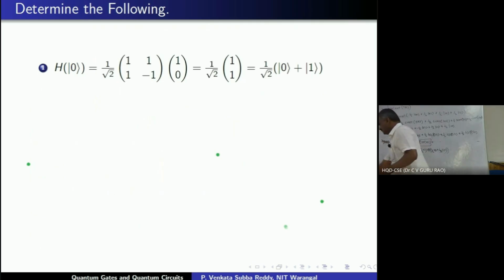So can we write this something like this? 1 by root 2 whole power 1, ket 0 plus ket 1. Is this correct? Both are same, no?